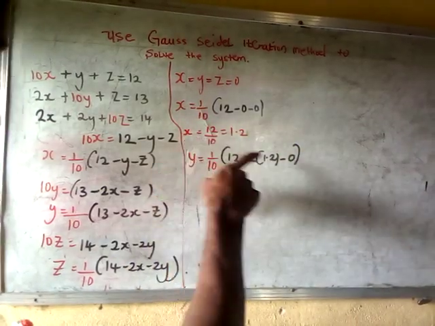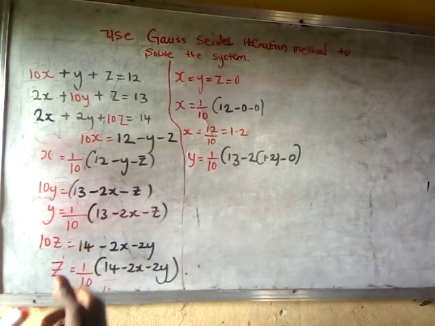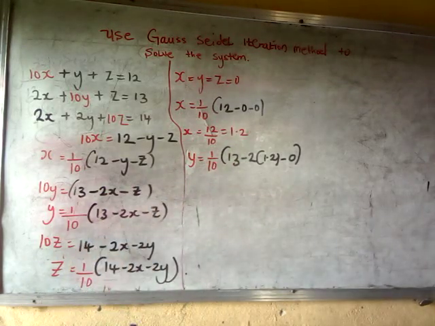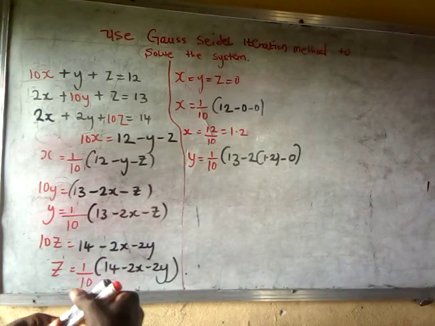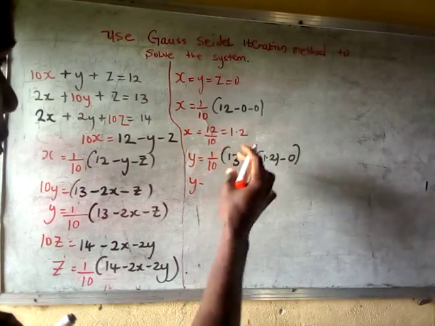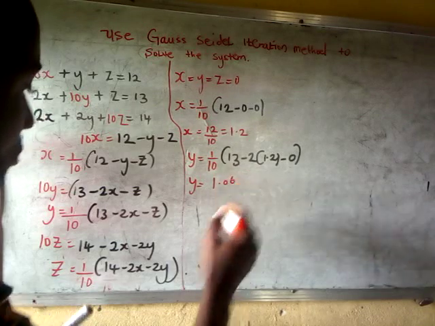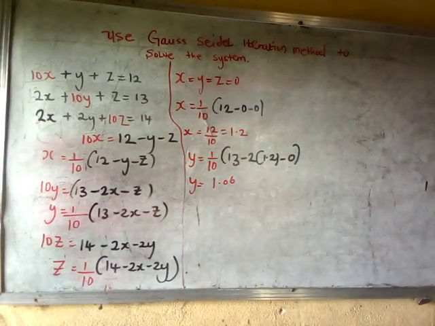Remember that my x here was 1.2, so that's the reason I substitute 1.2 here. If you punch your calculator, everything here should give us 1.06. And this is my y.